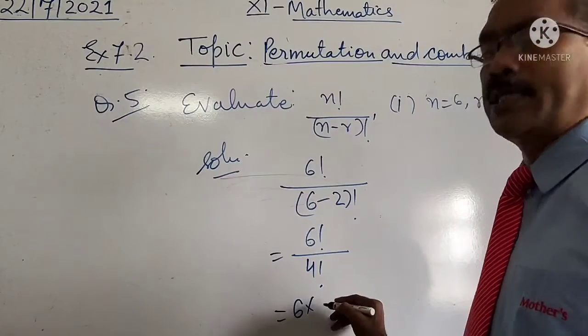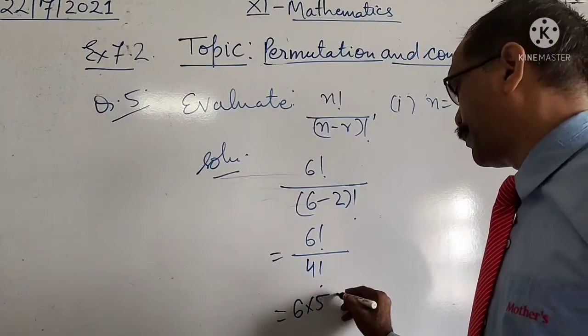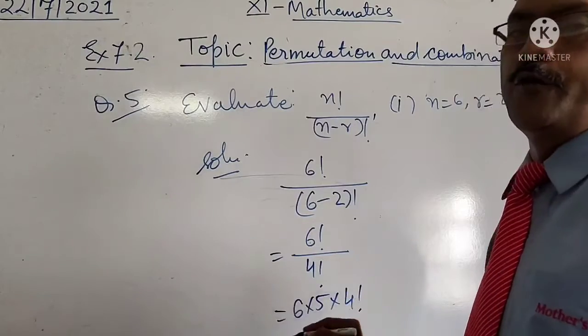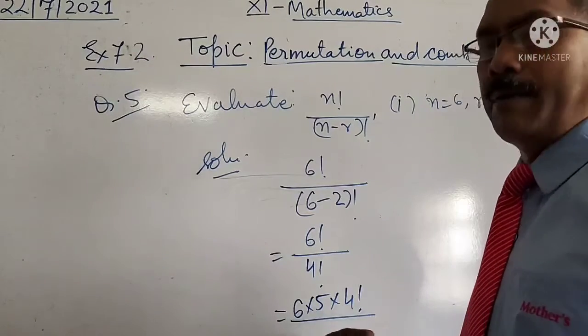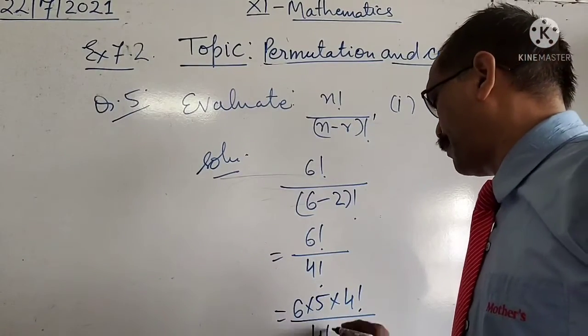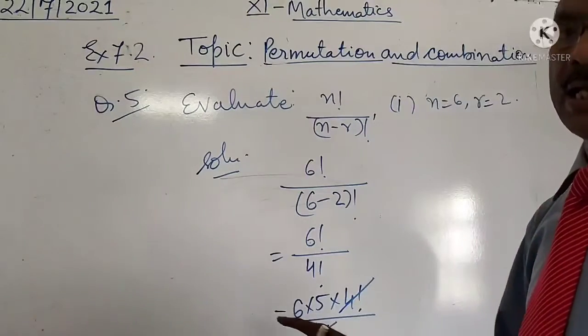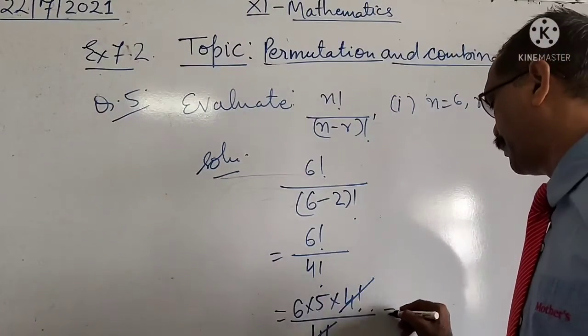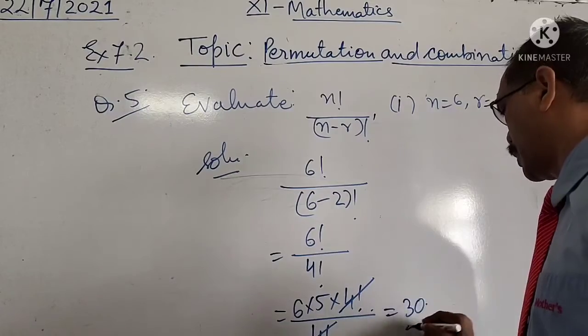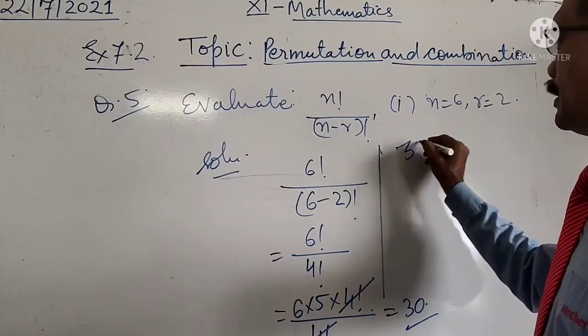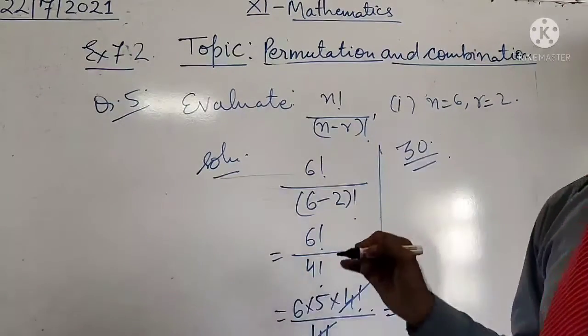So it is 6 into 5 into 4 factorial divided by 4 factorial. It cancels. 6 fives are 30. So answer is 30.